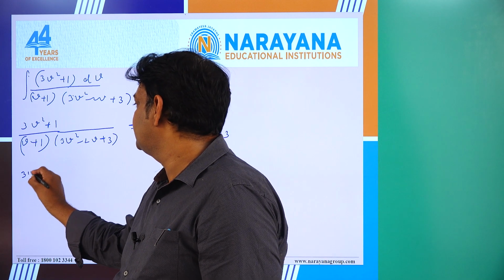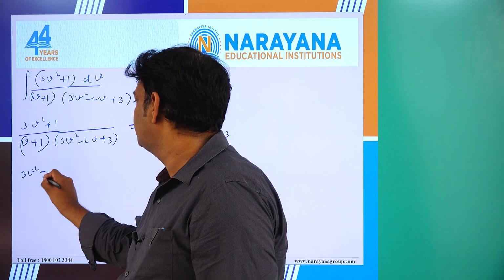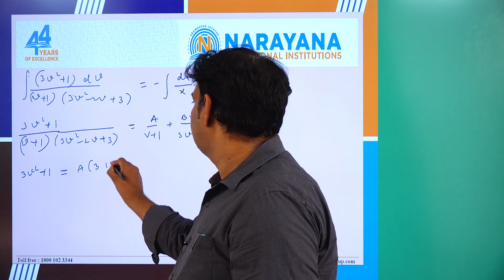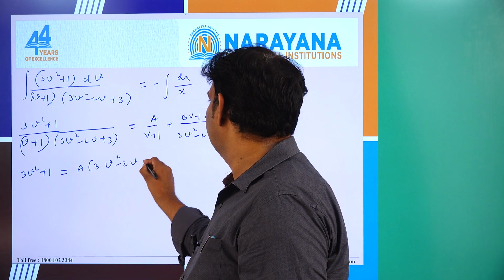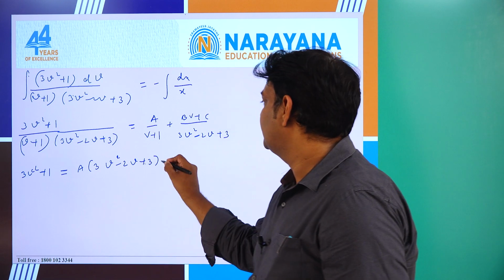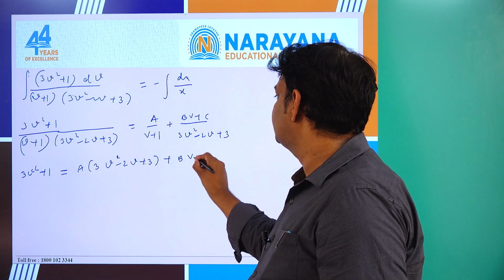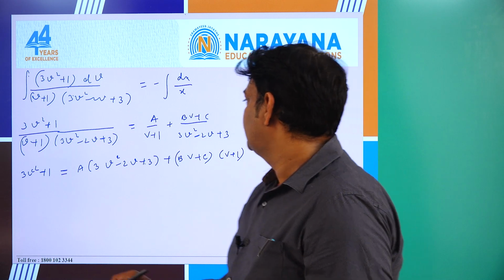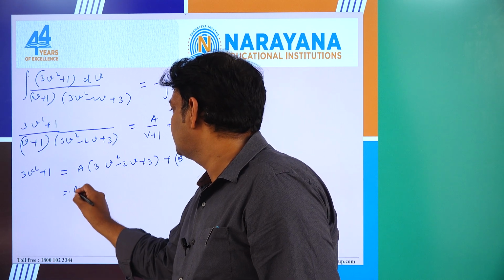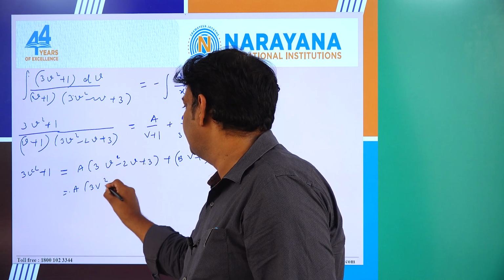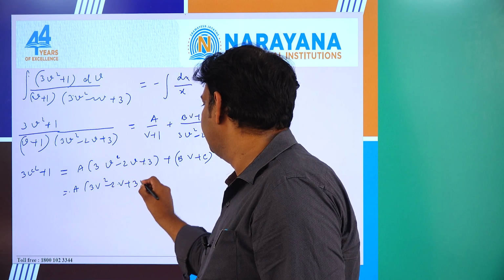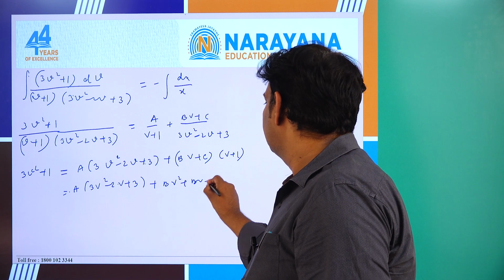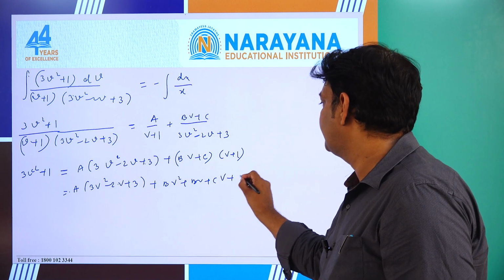What will you get? 3v square plus 1 is equal to a times of 3v square minus 2v plus 3 plus bv plus c times of v plus 1. Once again let us open: a times of 3v square minus 2v plus 3 plus bv square plus bv plus cv plus c.